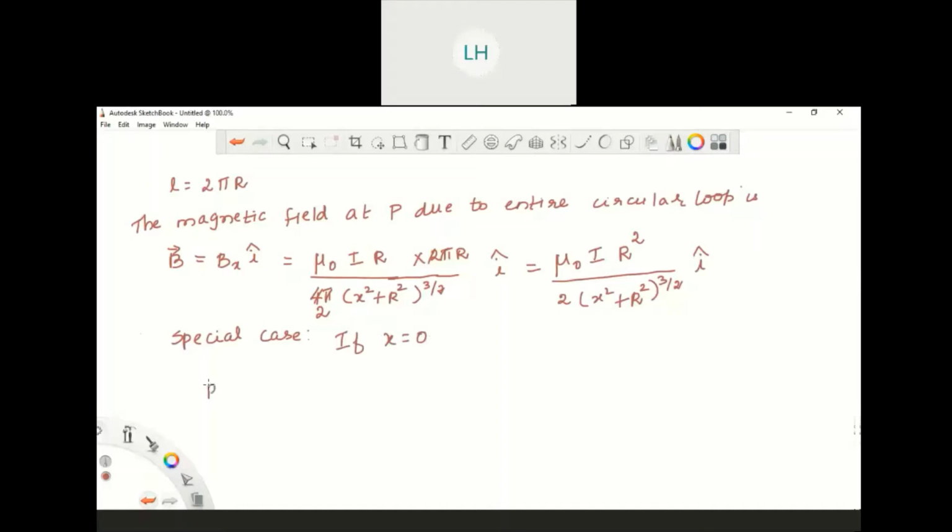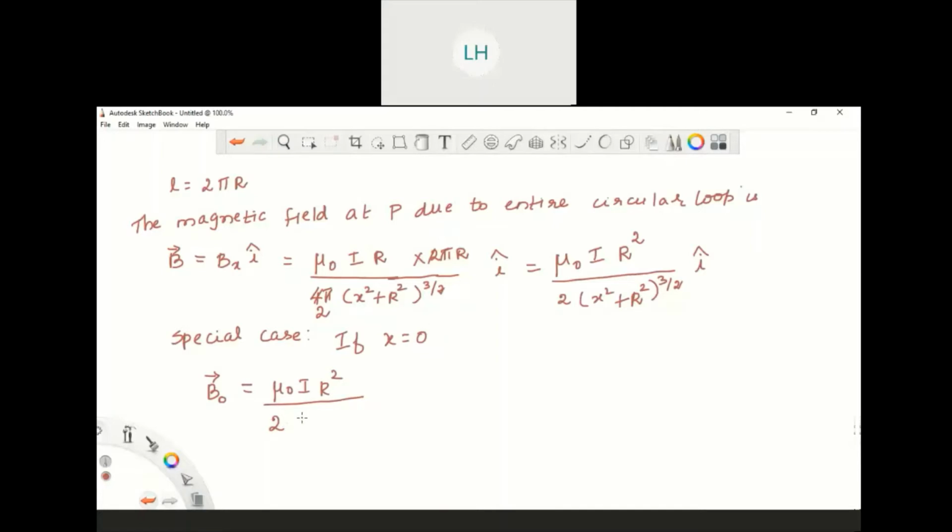So you can write that the magnetic field B at the center is mu naught I r square divided by, I am going to substitute x is 0.